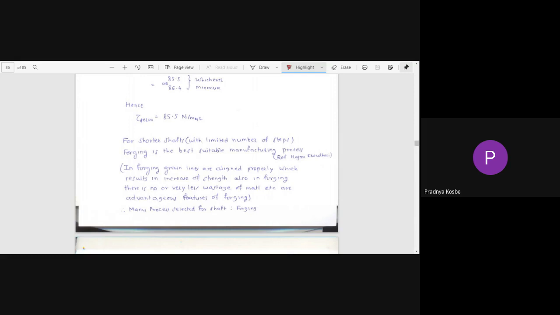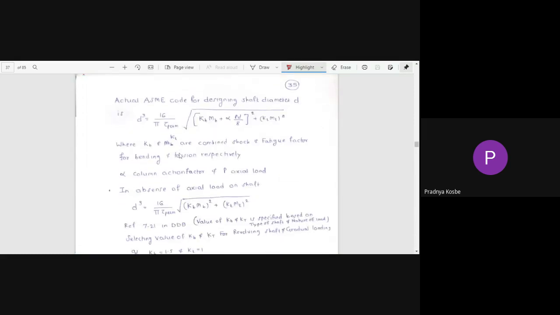Okay, next, now the actual formula for designing of the shaft, meaning we find out the diameter of the shaft. So you know the formula, d cube is equal to 16 divided by pi tau permissible under square root kbmb plus pd by 8 square plus ktmt square.